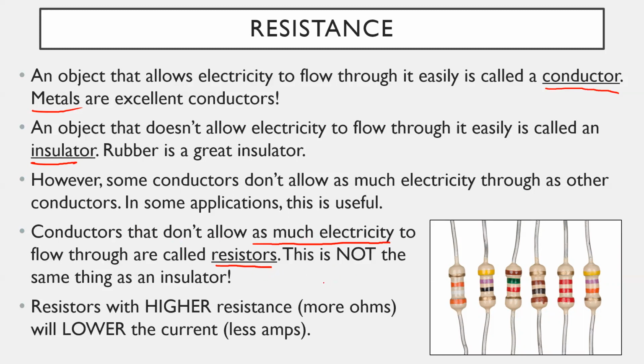A resistor is not the same thing as an insulator, of course. It still allows a fair bit of electricity through. It just has a higher or lower resistance, usually a higher resistance if it's a resistor, and that would control the current. Resistors with higher resistance, in other words, more ohms, are going to lower the current. In other words, when you increase your ohms, you're going to decrease your amps.